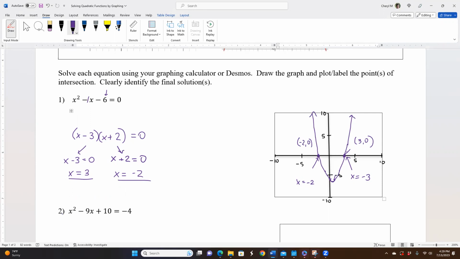In problem number 2, we don't want to set it equal to 0. We're going to try a little differently. We're going to call this y sub 1 in our graphing calculator or on Desmos. And in the second line, we're going to graph y equals -4 and see what happens. We'll try it that way first, and then we'll try it another way second.